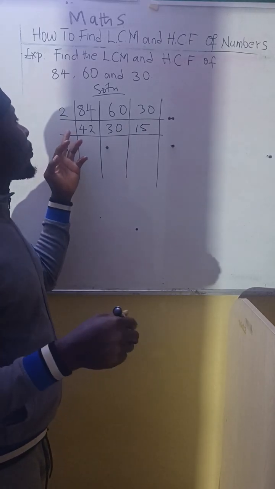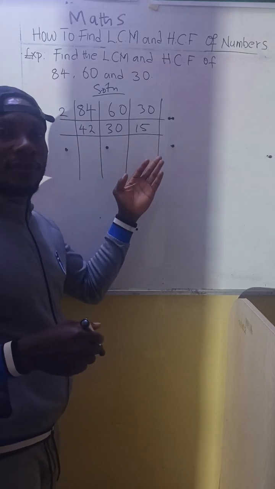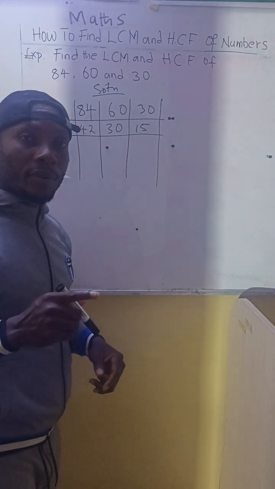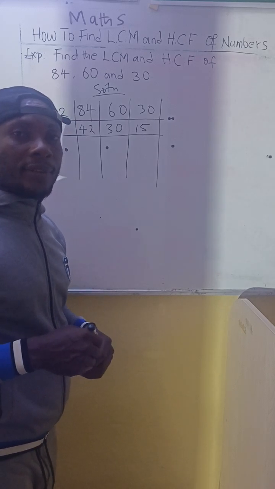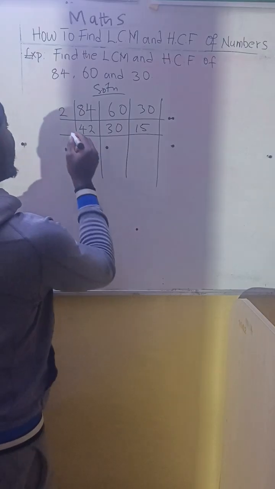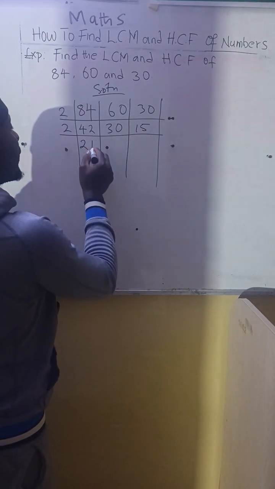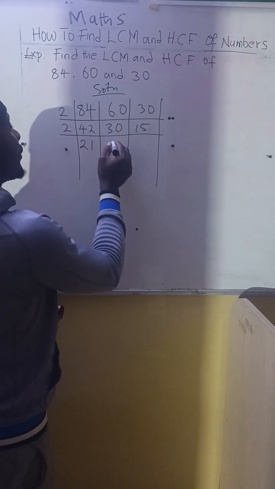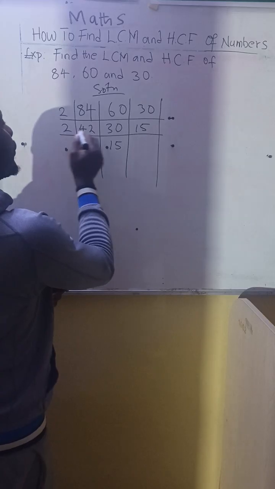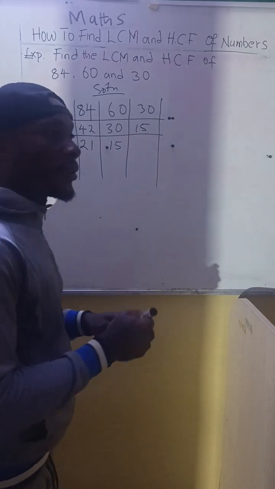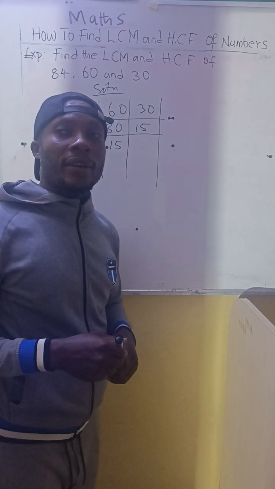What prime number can divide these numbers? I think 2 can also divide. So if 2 divides 42, it gives 21. 2 divides 30 to give 15, and if 2 divides 15, there will be a remainder.